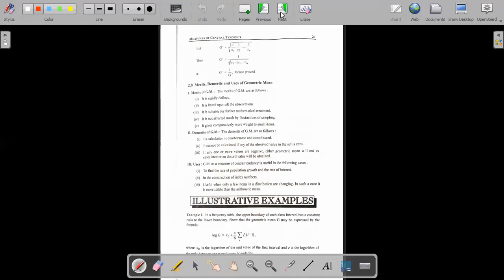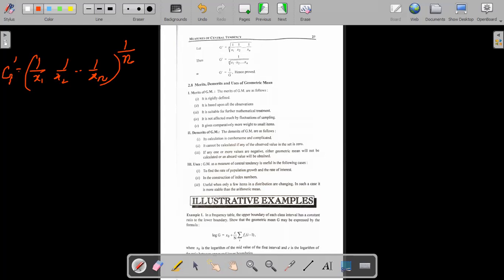Now we want the inverse quantities, right? We want to find the relationship between the inverse quantities. Suppose the inverse quantities are 1 by x1, 1 by x2, and so on up to 1 by xn. Obviously their geometric mean: the quantities are 1 by x1, 1 by x2, 1 by xn, but their total count is n only, so 1 by n.